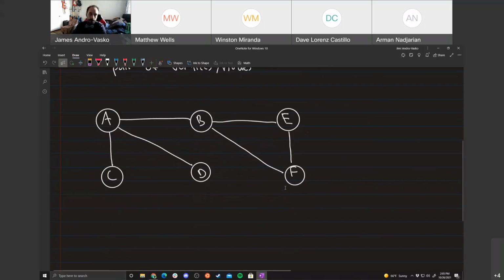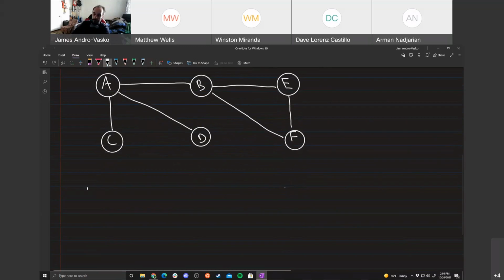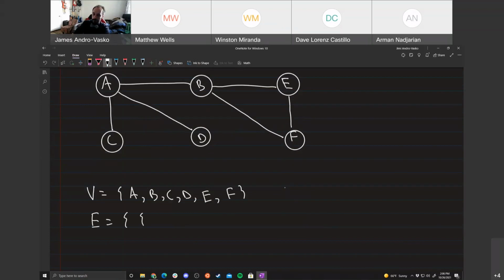In this graph, let's go ahead and list this out. V is going to essentially just be A, B, C, D, E, and F. In our edges, we can think of it as really just A, comma, B; A, comma, C; A, D. Let's see what else I can do here.